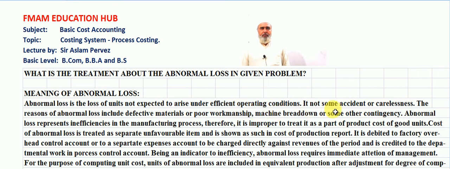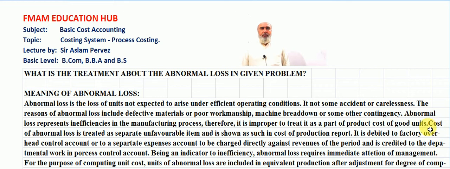It is due to carelessness. The reasons of abnormal loss include defective materials or poor workmanship, machine breakdown, or some other contingency. Abnormal loss represents inefficiencies in the manufacturing process. Therefore, it is improper to treat it as a part of product cost or as a part of cost of good units.